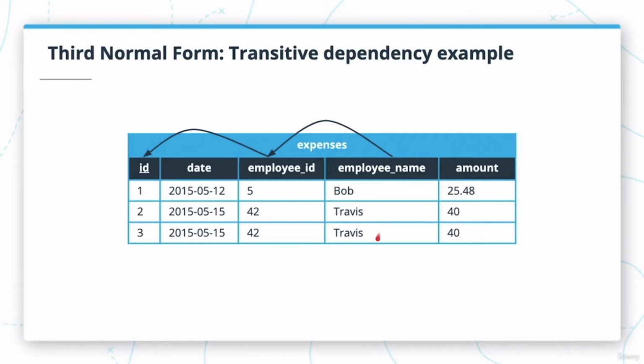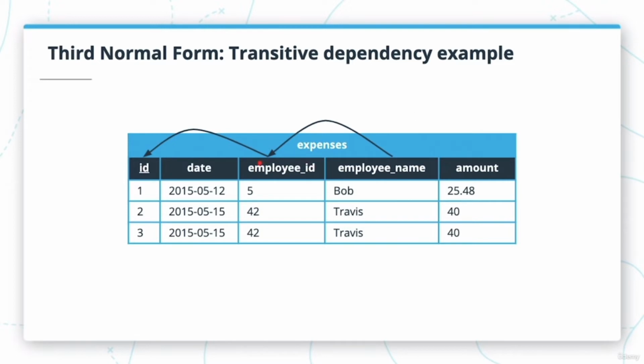If I insert a new expense for employee ID 42, there's a chance that I might misspell their name. If Travis updates his legal name, then I'm going to have to update this in every row of the expense table, and this is another chance for me to make mistakes. So clearly, even though the employee name seems like it depends on this primary key, it actually depends on it through the employee ID.